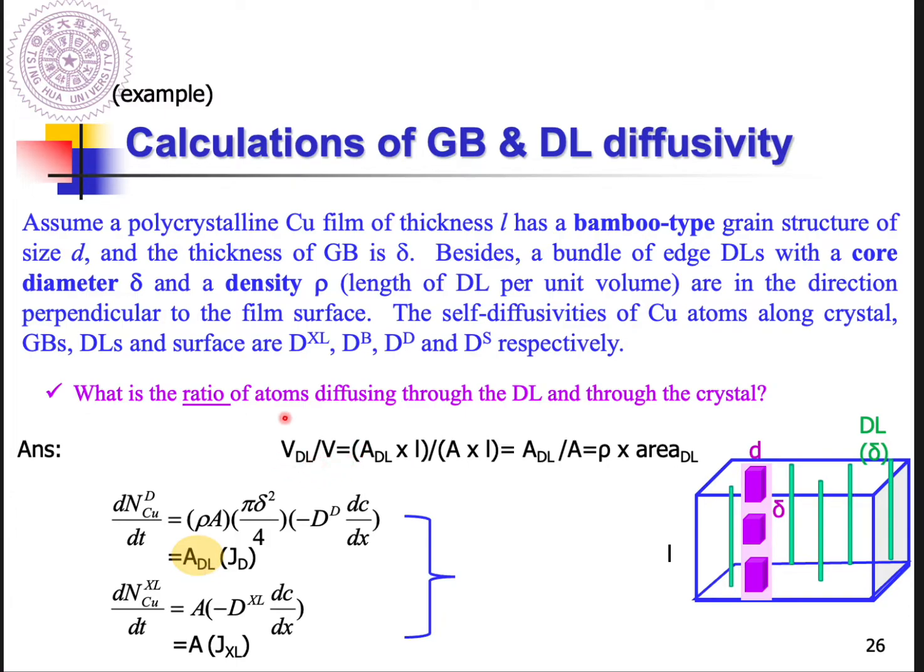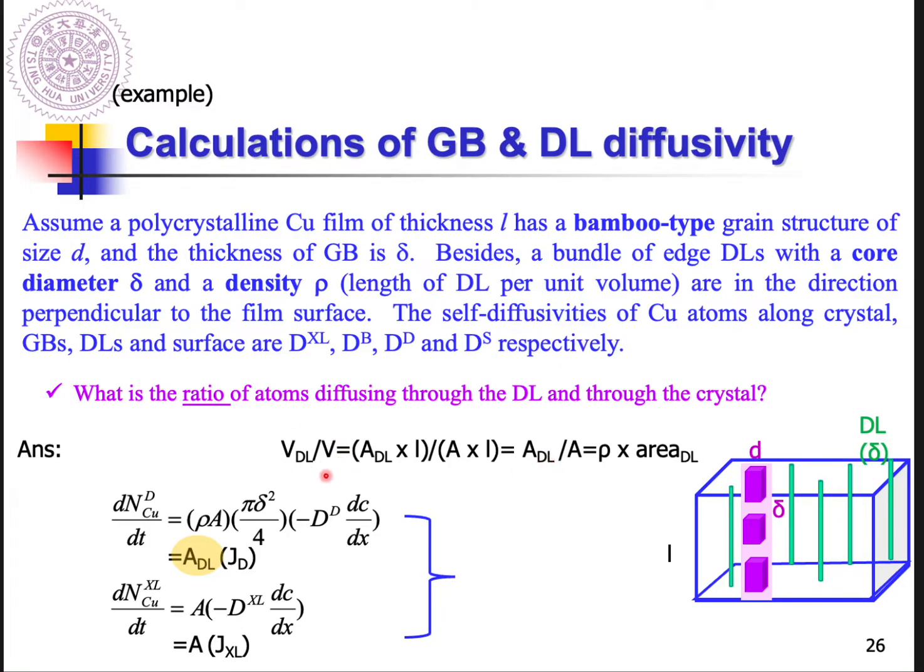V_DL over V is the volume fraction of dislocation, and you can convert it. V_DL, the volume of dislocation, becomes A_DL, the area of dislocation, times L, the thickness, and the total volume can be expressed as the total area times the thickness. So you drop the thickness out, then the rest is the area of dislocation divided by total area, which is the area fraction of the dislocation.